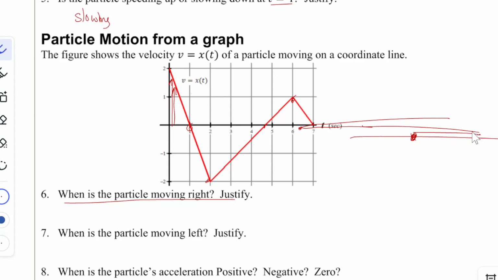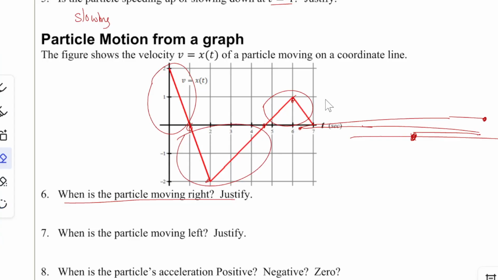Then at this point it starts slowing down again. Then it stops. Okay, so it moves right, and then it moves left, and then it moves right again.